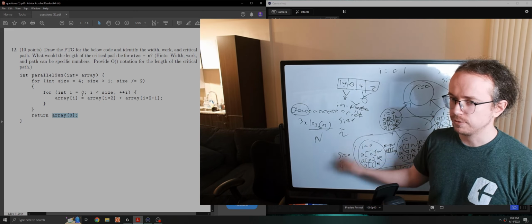And in practice, this probably won't work because you'll have a race condition. So depending on what happens, you may end up with incorrect values. Probably not in this case, just because you're always doing the same thing. Actually, in this case, A will just keep getting bigger. And so you do have a race condition. You have a few different cases here.